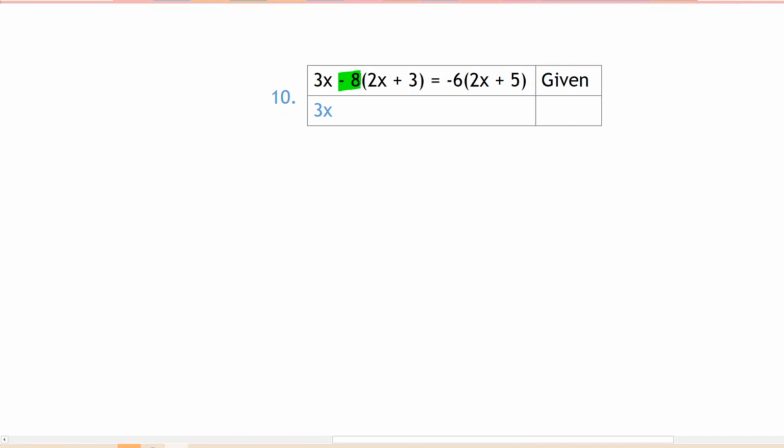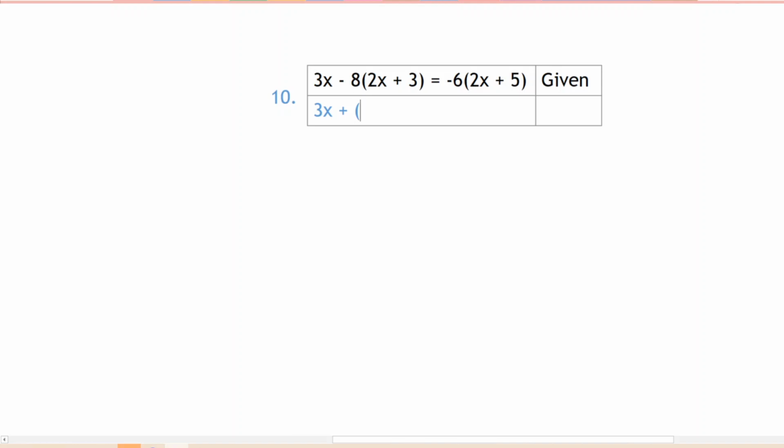But over here, I'm going to distribute a -8. Now if I distribute the -8, that's going to change a few things because I'm taking this entire thing and multiplying it by 2, and I'm taking this entire thing and multiplying it by 3. But when I multiply by the -8, I'm going to have a plus sign over here on the outside.